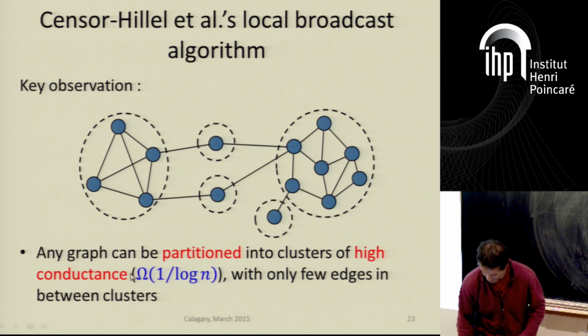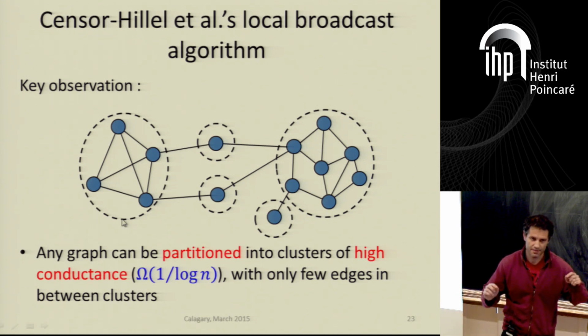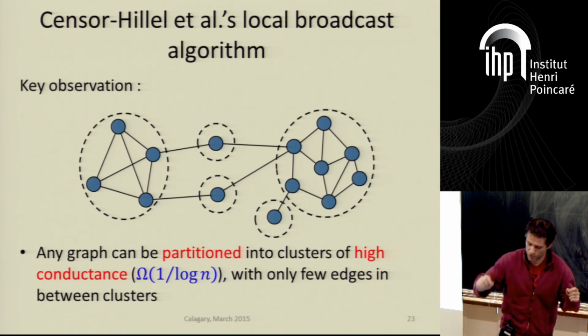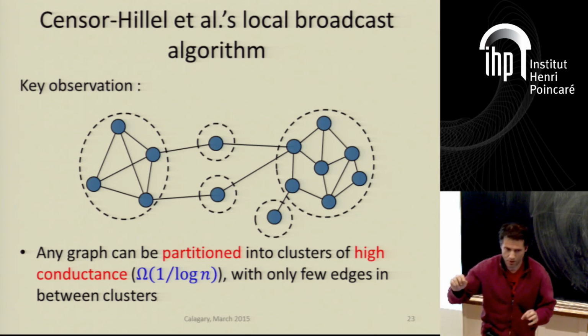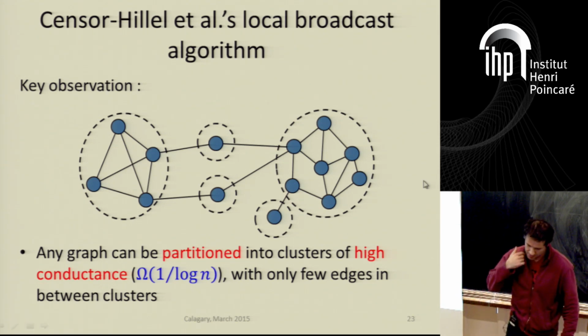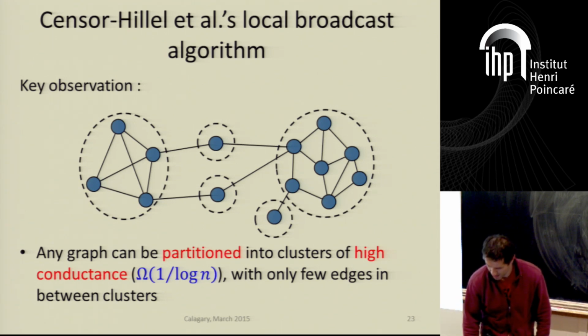Since we have this lower bound on the conductance of each of these clusters, and since we have this bound on the rumor spreading time, log n over phi, log n over conductance, which we can apply on each of these clusters, it follows that log square n rounds would suffice.